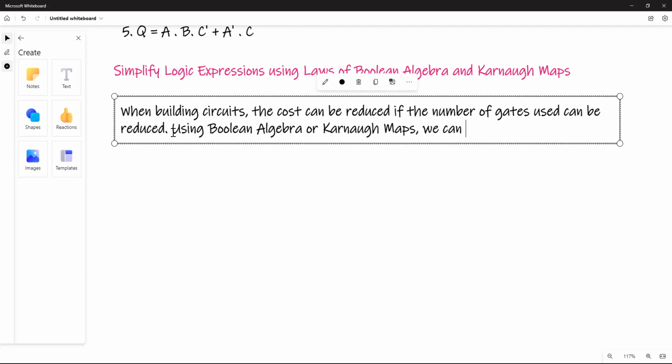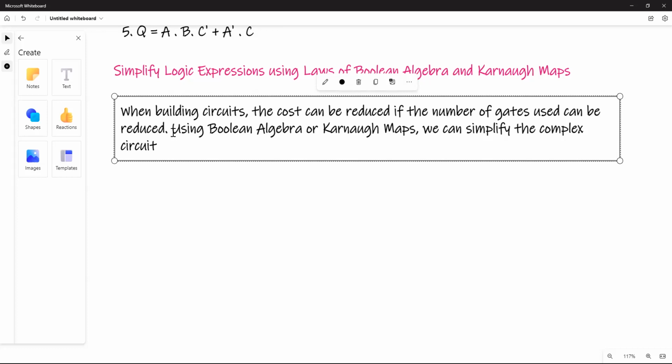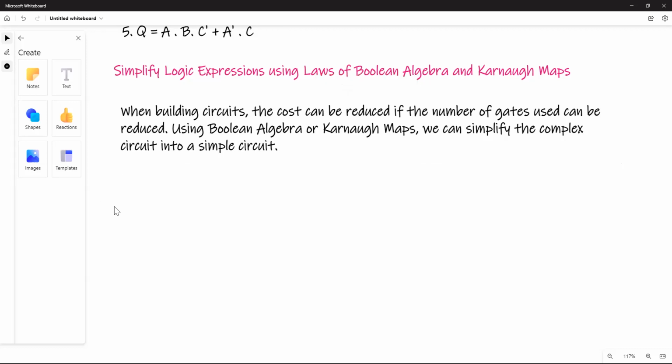We can simplify the complex circuit into a simple circuit. Right. Very complex circuit, we can make it simple using the two techniques that we are going to discuss now.